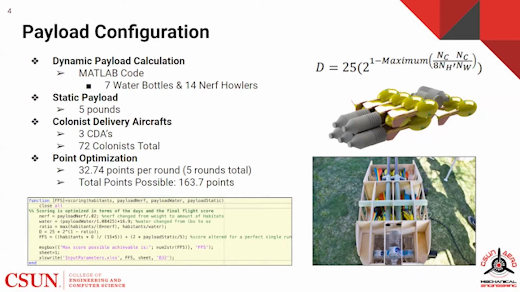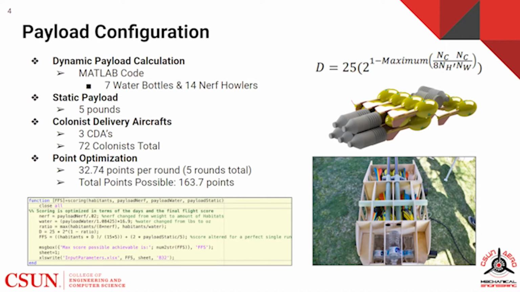For this payload configuration with a weight of 17.02 pounds, the maximum points achievable for one flight round, assuming a perfect drop scenario, is approximately 32.74 points per round. This was calculated by utilizing a MATLAB code where the days of habitability and FFS formulas were the governing equations. This resulting combination maintains a competitive edge over other teams while economizing the fuselage volume.